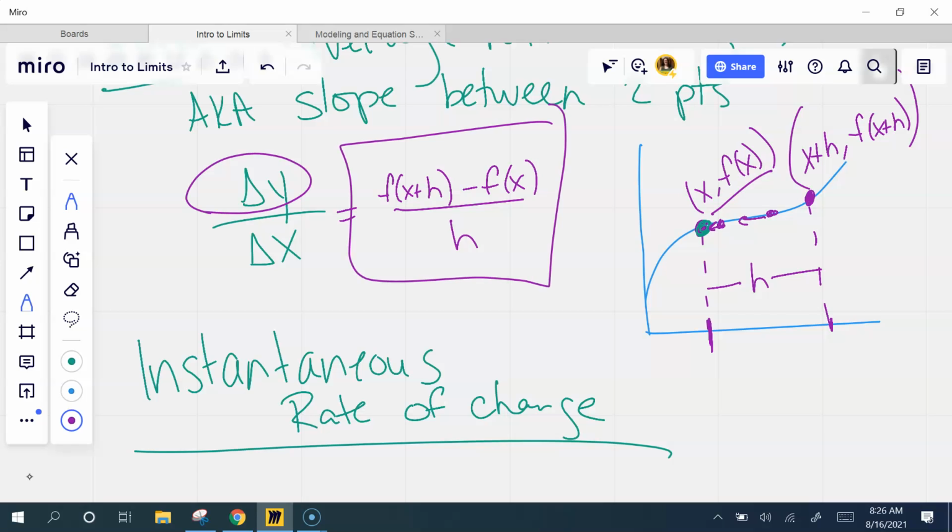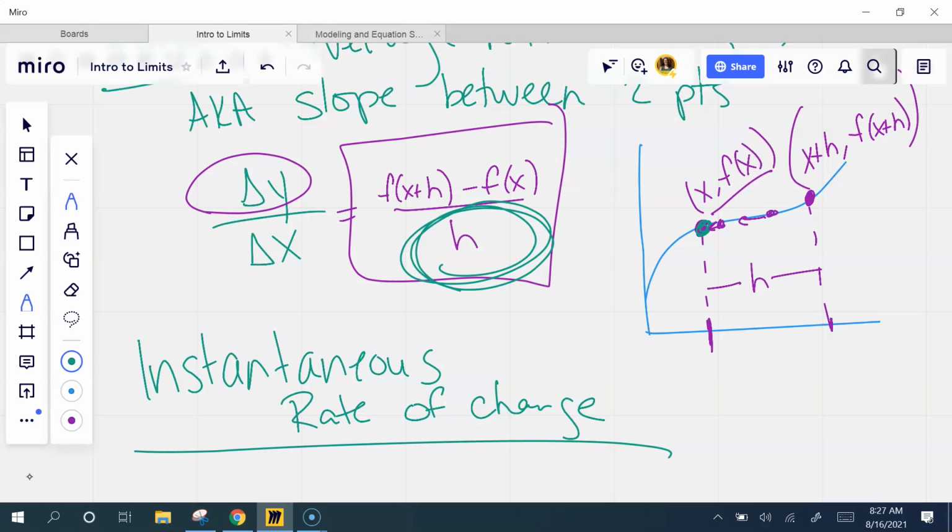But if you look at my equation, if I plug 0 in for H, it's undefined. I can't divide by 0, right? But it can approach 0.